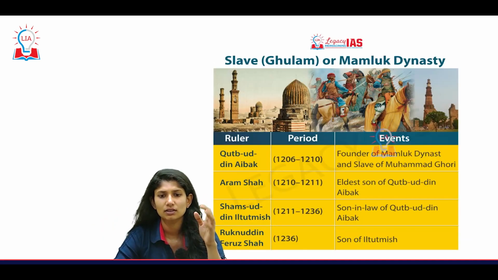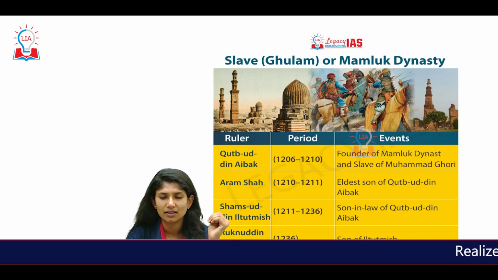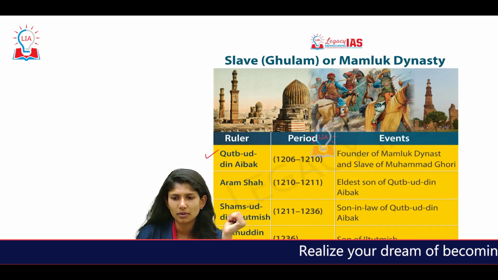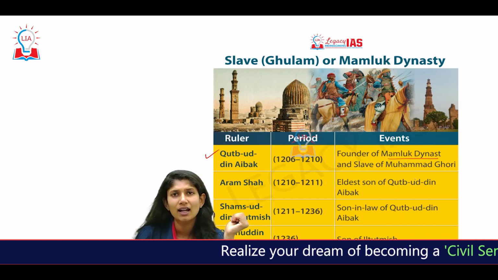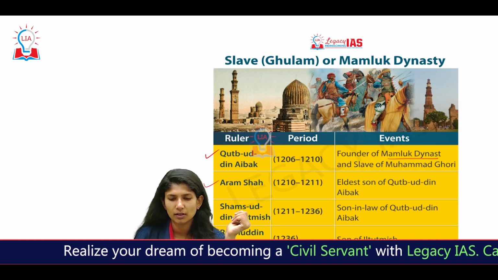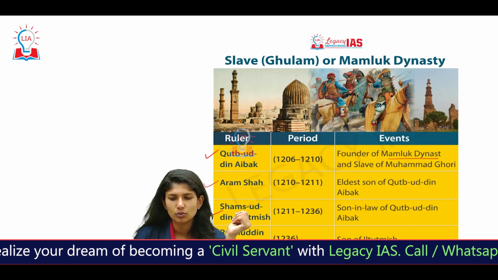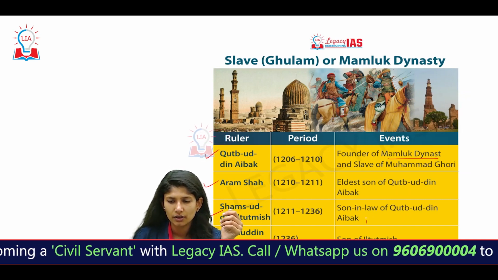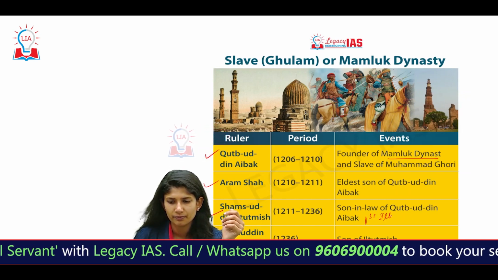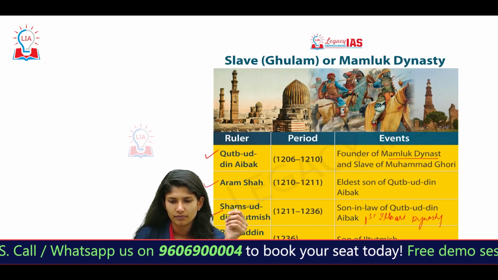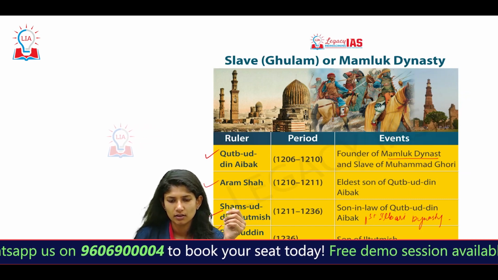The rulers of the slave dynasty: Qutb-ud-din Aibak, the founder of the Mamluk dynasty, who was a slave of Muhammad Ghori. Aram Shah, son of Qutb-ud-din Aibak. Shamsuddin Iltutmish, son-in-law, whom we've discussed, of the first Ilbari dynasty. Then Feroz Shah.